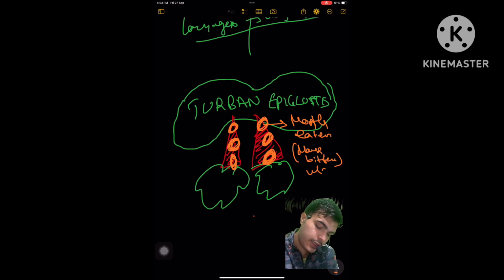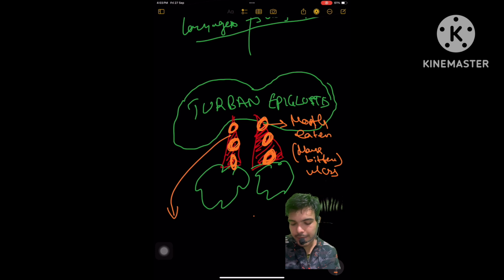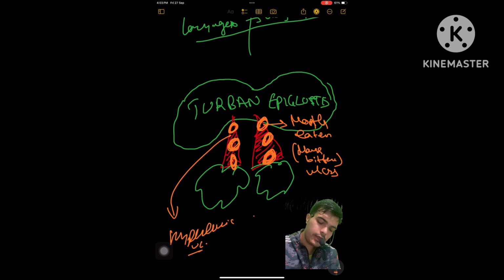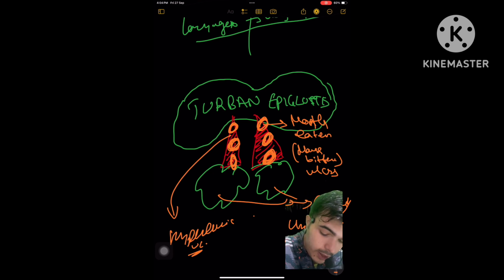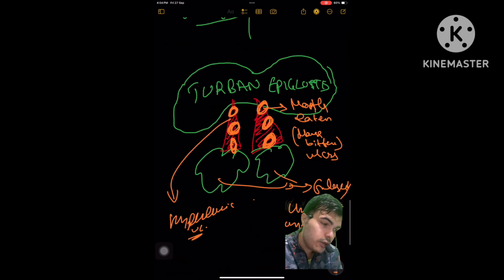You can see that this red is your hyperemic vocal cord. What is this? This is your enlarged hypertrophied arytenoid. And what is this? This is your turban epiglottis. We will have a separate session on pictures, and I'll be showing you these diagrams again. So make this diagram.